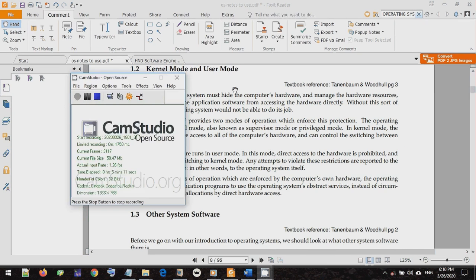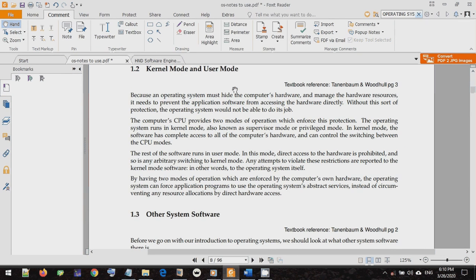Next, kernel mode and user mode. Now, the computer system in general is divided into two kinds of mode. We have the kernel mode and the user mode.